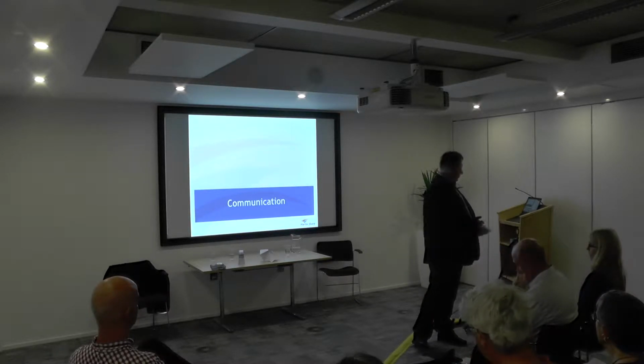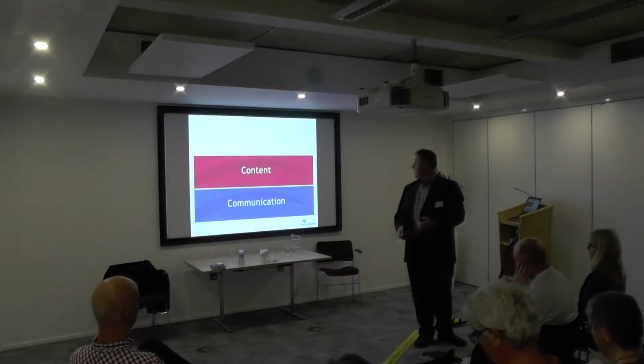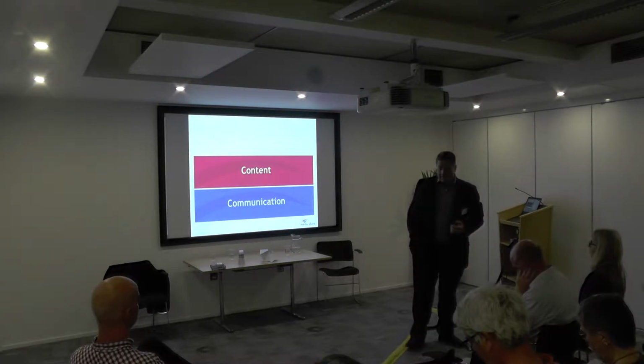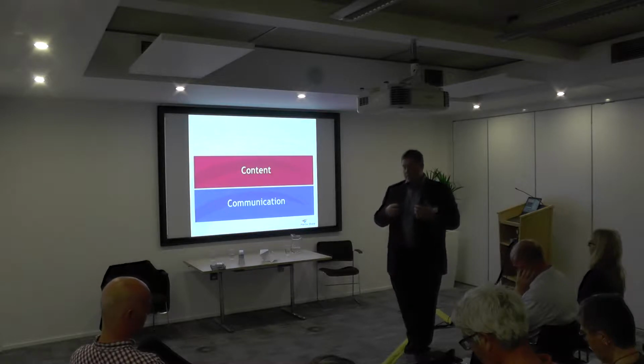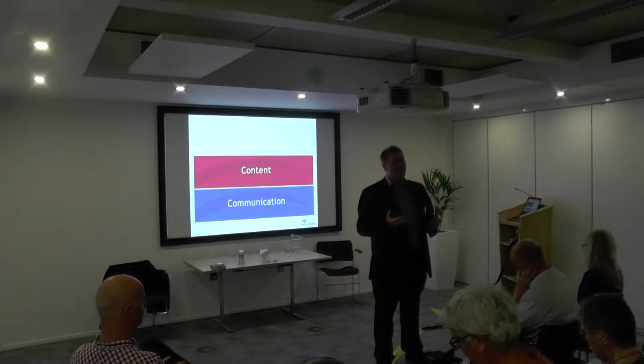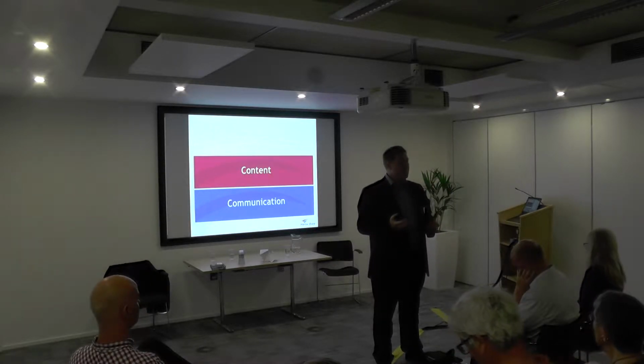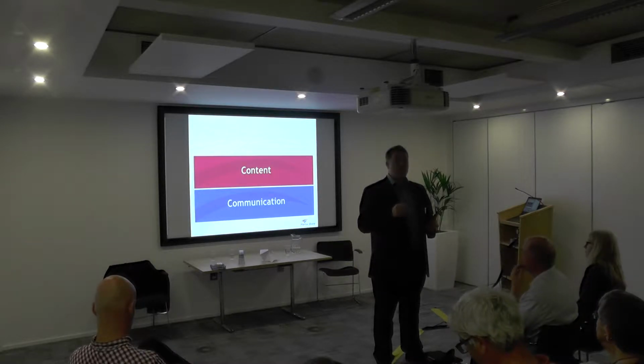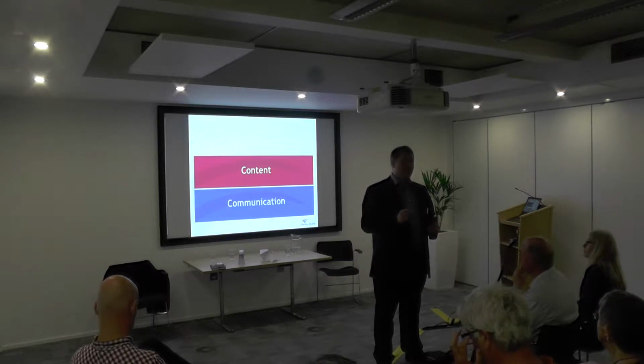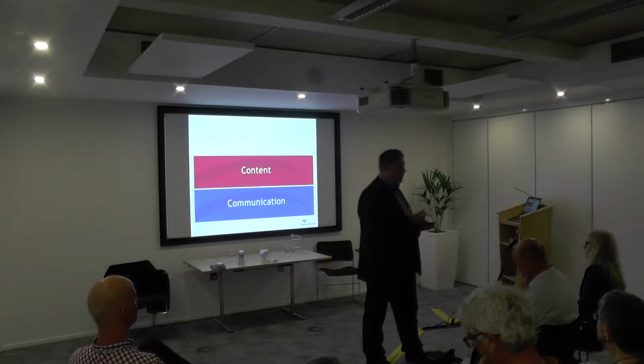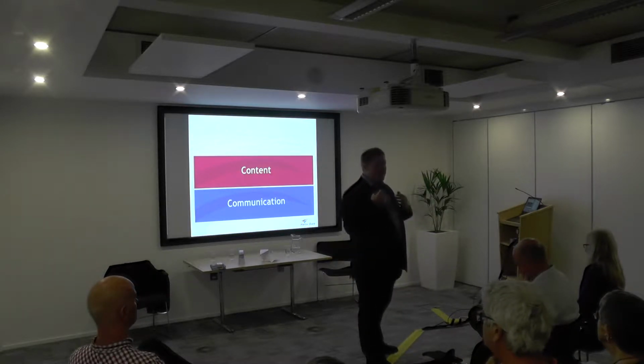So the next C we're going to deal with is content. And when you get this right, it's a fantastic enabler. But when you get it wrong, people will judge you on the wrong things. What do I mean by that?